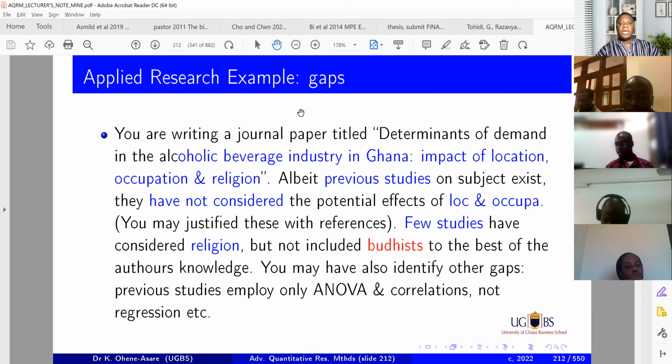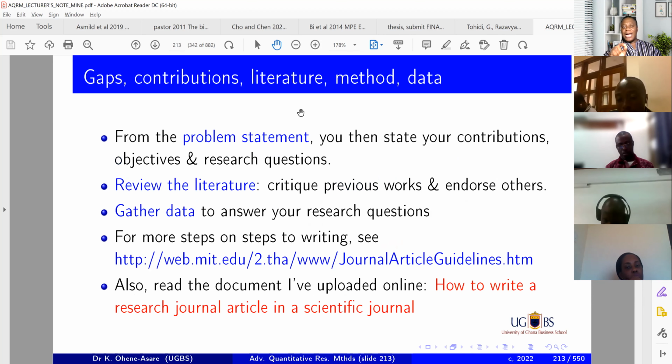Thank you very much. Now, so you got to identify the gaps. And of course, from the gaps, you will get the contribution. You see, when you make your problem statement explicit, then your contribution becomes clearer. You got to be precise and concise. So the problem must be stated.